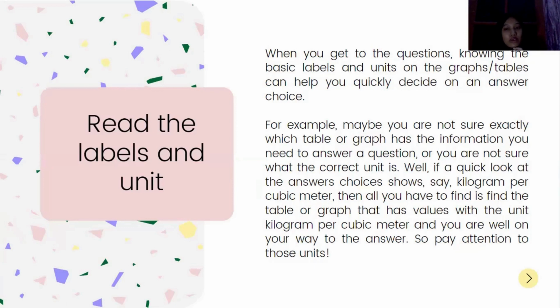Well, if a quick look at the answer choice shows, say, kilogram per cubic meter, then all you have to do is find the table or graph that has values with the unit kilogram per cubic meter, and you are well on your way to the answer. So pay attention to those units.